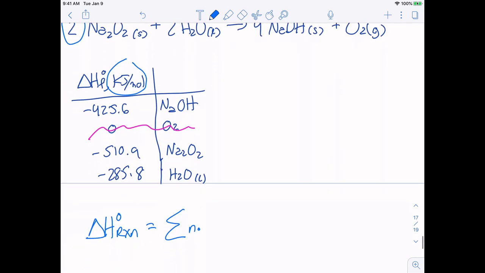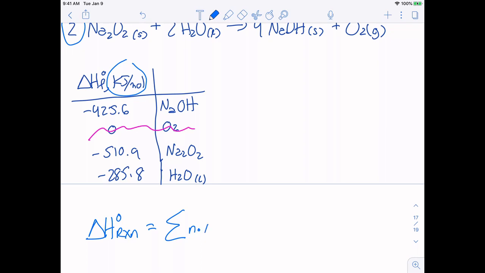So N is representing my number of moles. And then we're going to do heats of formation for my products. And then from that, I'm going to subtract the sum of the heats of formation for my reactants.